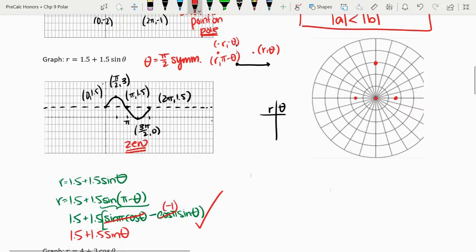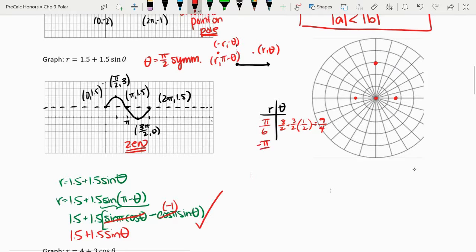But again, trying one more point on here, another point for sine would be pi over 6, which is a nice one. So it'd be 1.5, which is like 3 over 2, and 3/2 times sine of pi over 6, which is 1/2. After we simplify, this would turn into 9/4.